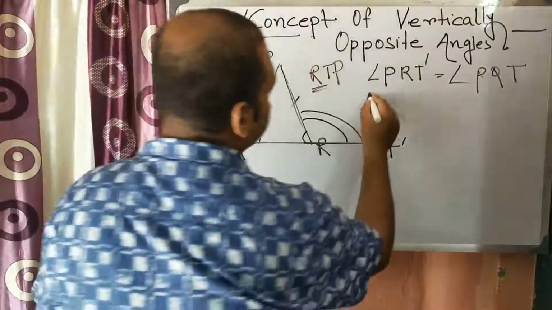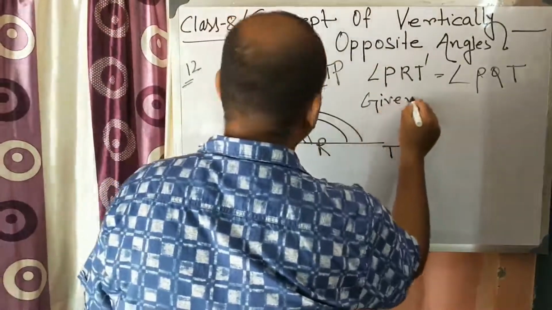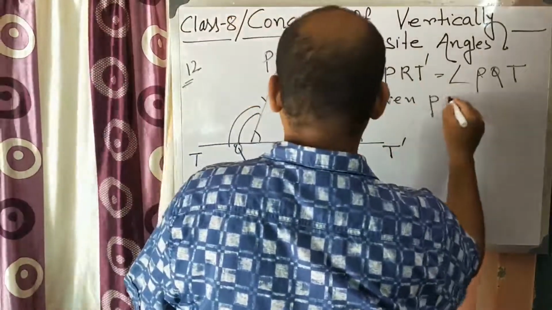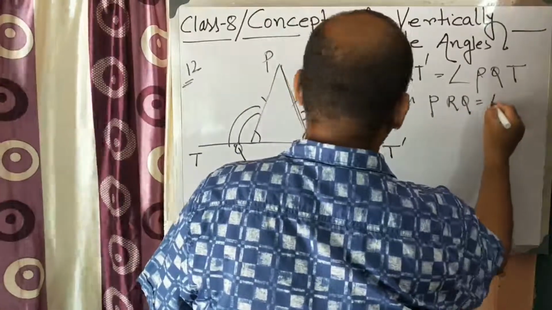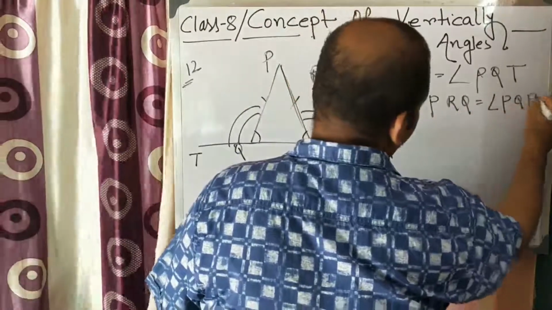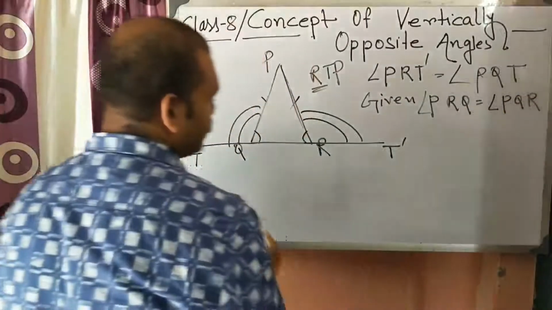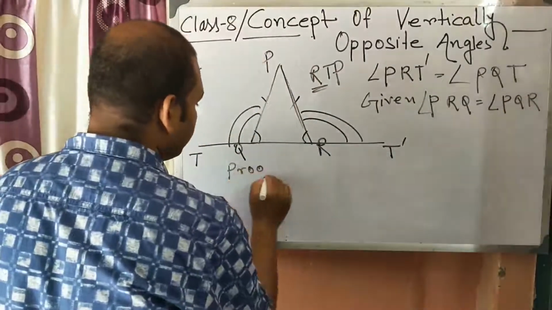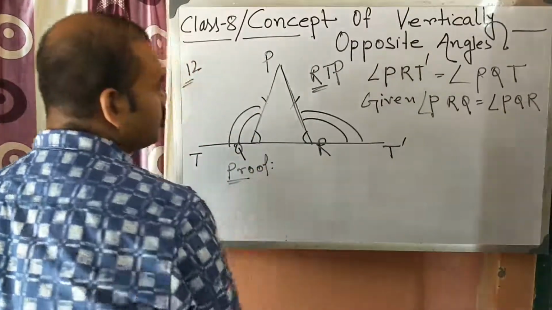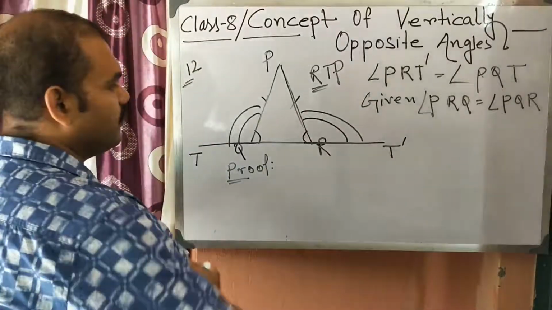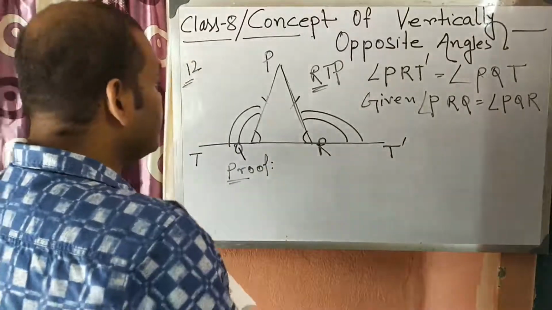We are given that angle PRQ is equal to angle PQR. Okay, so this is given. Now prove. How to prove? Very easy to prove it. Okay, how can you prove it?